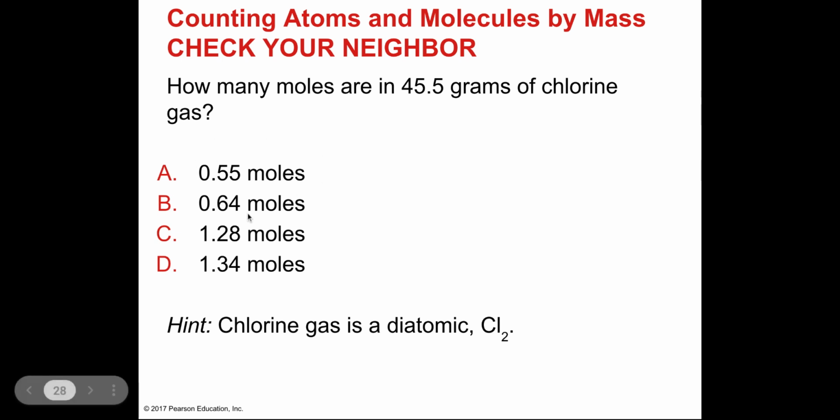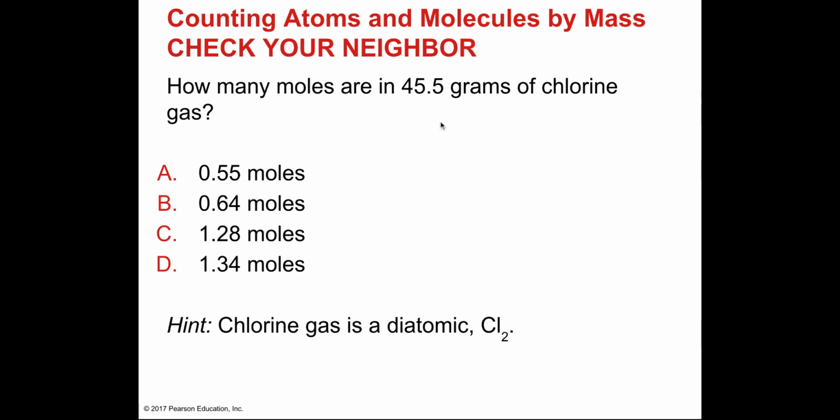Just take 45.5 divided by the mass of 1 chlorine molecule. 1 chlorine molecule has 2 chlorine atoms. If you go on the periodic table, you will see that 1 chlorine atom has a mass of about 35.45. If you multiply that by 2, you will get approximately 71.